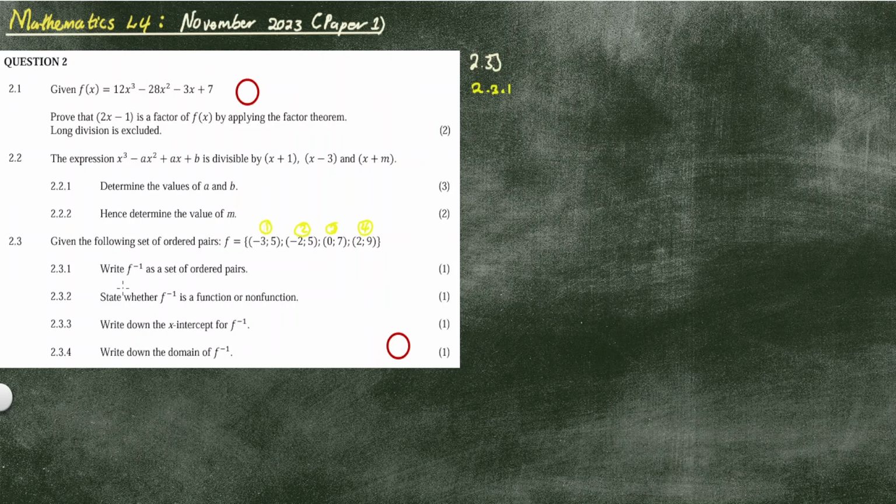2.3.1, write f minus 1 as a set of ordered pairs. So f minus 1 is the inverse function. So f minus 1 with the associated ordered pairs is going to be this.